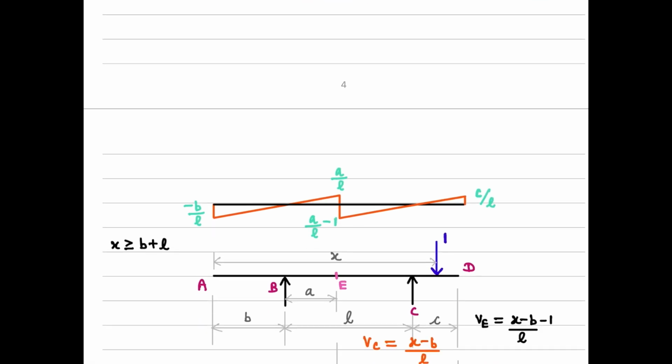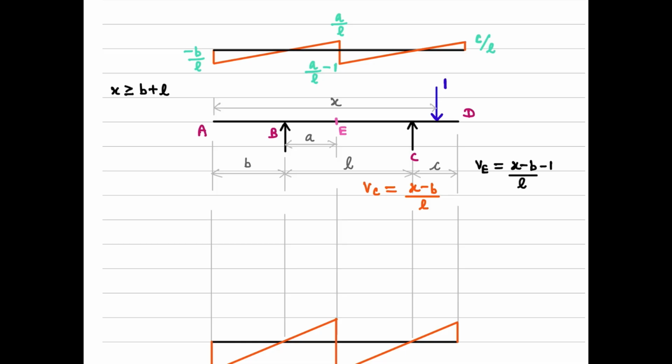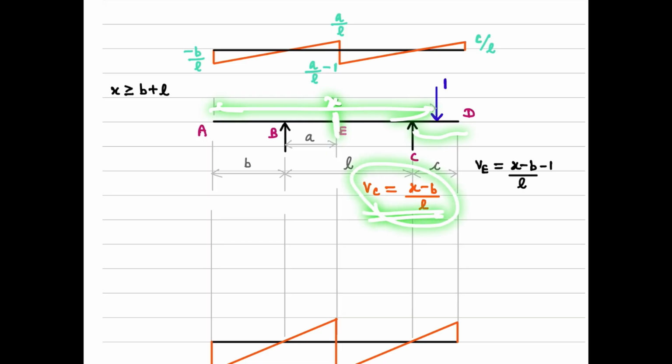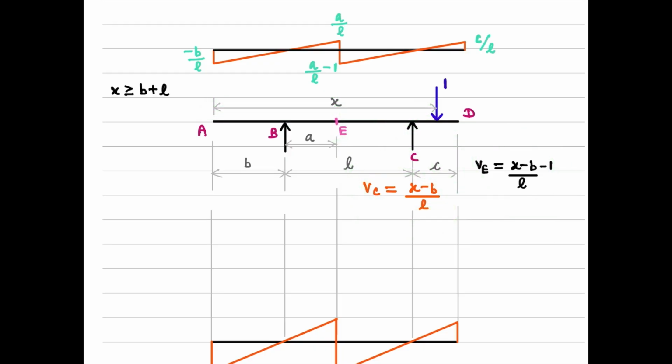Finally we have the span CD, same procedure. Include a certain location in this span CD, mark x units, and then get the expression for shear force here. I have got the expression for the reaction at location C first, and then the expression for V here.